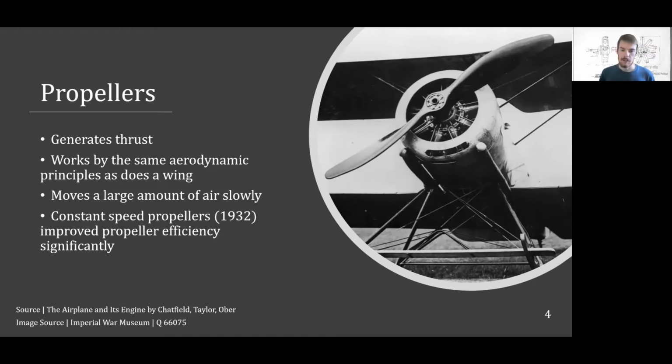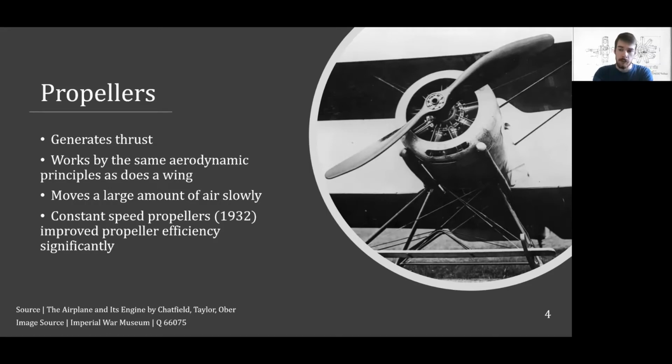An interesting aspect of propellers is that they move a large amount of air relatively slowly. This results in a very high propulsive efficiency, but it also means it's not the optimal method for producing large amounts of thrust. We'll get more into this later.